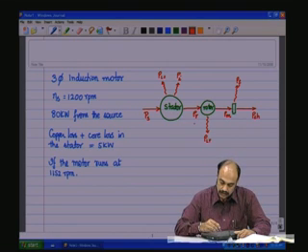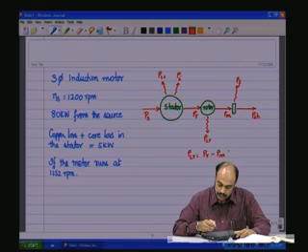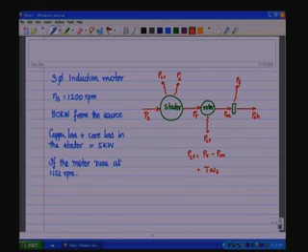We also know here that if we take the rotor portion, PLR is equal to PR minus PM, and we saw that PR is nothing but torque into omega S, and PM is torque into omega M. So it is nothing but T omega S, you take it out as it's common, and you have 1 minus omega M by omega S, and that is equal to slip times PR.